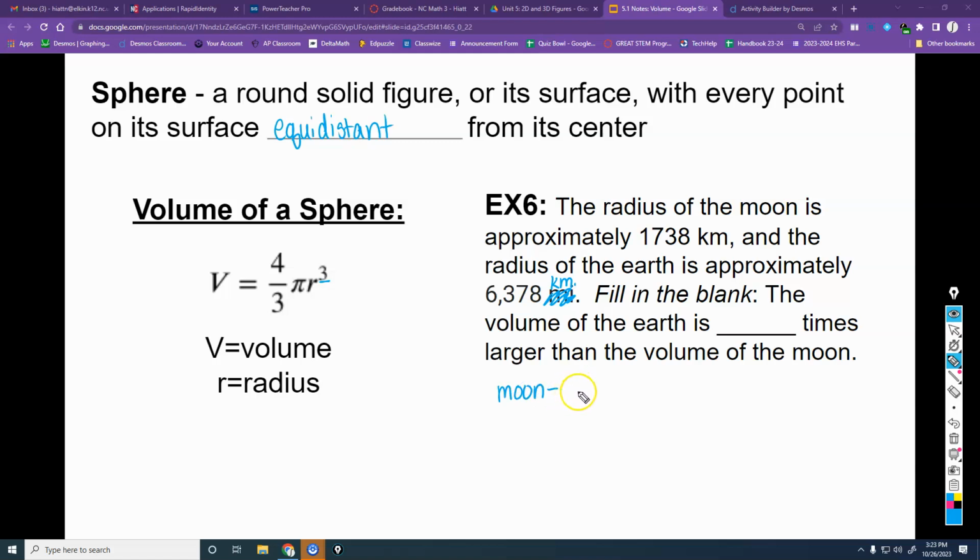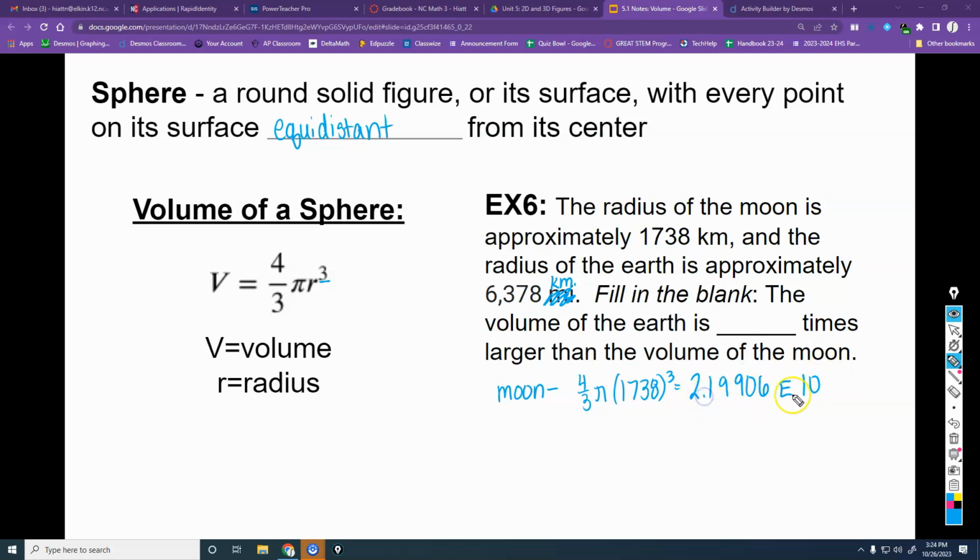4/3 pi times 1738 cubed. And we are going to get a big number, I'm sure, here. So 4/3 pi times 1738 to the 3rd power. And when we do that, I'm getting 2.1996 E10, which means that's what's showing up on my calculator.